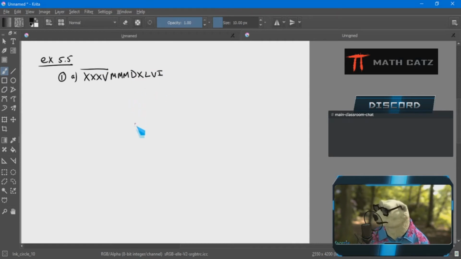Now, what makes this simple for me, it's my personal preference, my observation, is that this is very much decimal. So I want to separate it. There's the ones. Where are all the tens? There it is. Where are all the hundreds? It's only the D. Where are all the thousands? It's over there.